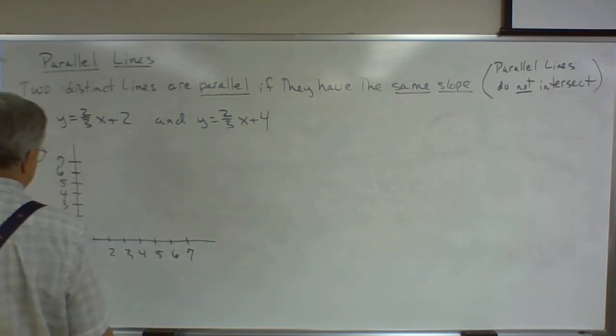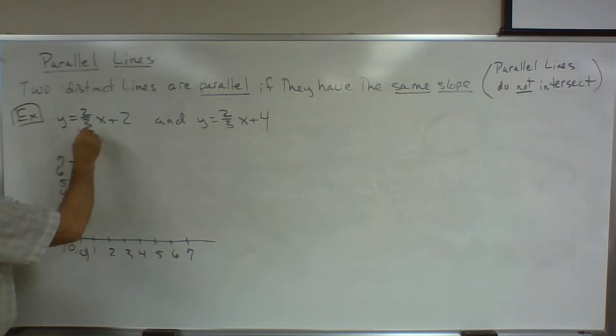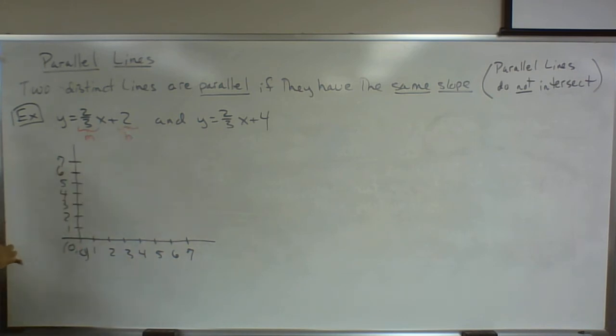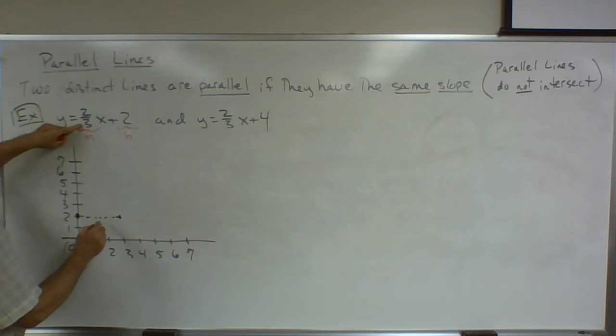Let's graph the first one. It's in slope-intercept form, so the slope is 2/3. The y-intercept is 2, so I'll graph this point. My slope is 2/3, which means I can find another point on this line by going 3 units in the positive x direction and then 2 units in the positive y direction.